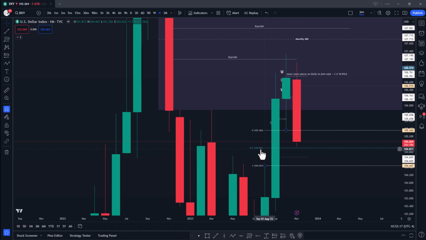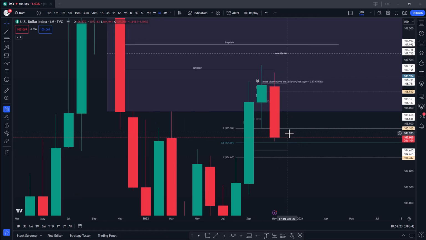So I was looking to see if we could reject off of the 104.904 level to the upside on the dollar index. Of course we have not tagged that level, so we might see a little bit of bearish move to the downside before a continuation later on, probably in the second week of the month of November.